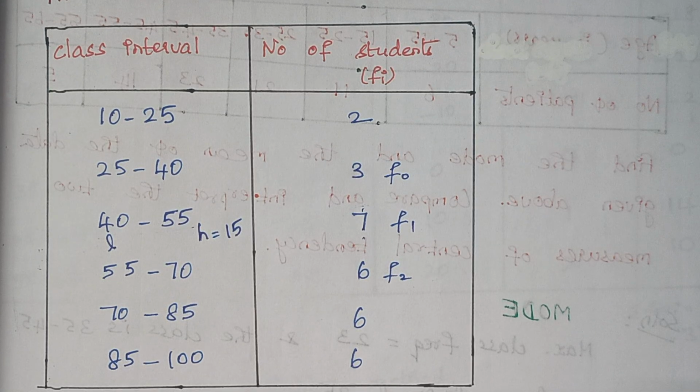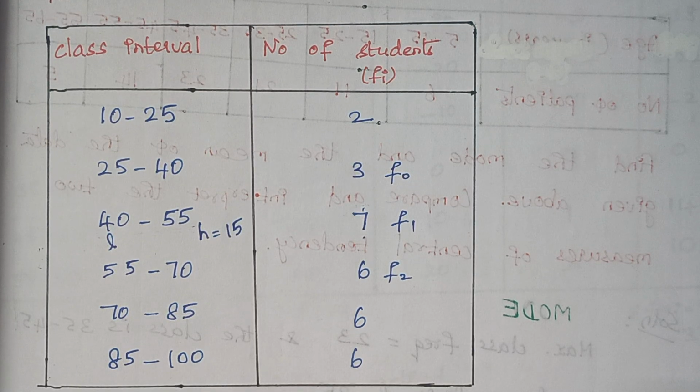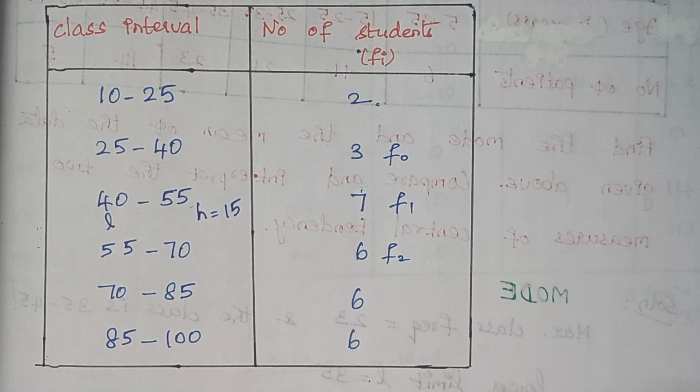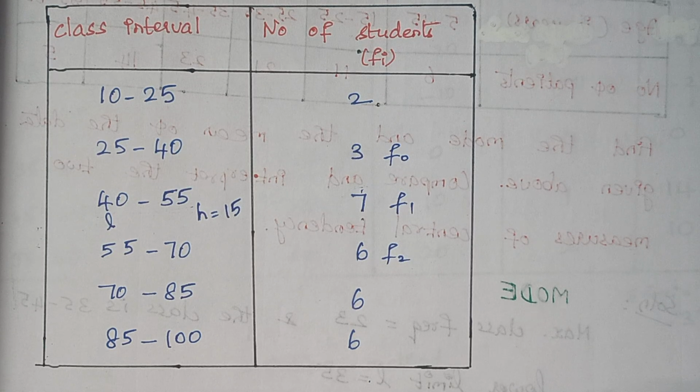So what do you mean by 52 here? So here the maximum number of students scored the marks 52, right? That is the meaning of the mode. Okay, the maximum frequency or the number of repeated frequencies, that is, you see the mark 52 is scored by many students out of these 30 students. Okay, that is the meaning here.